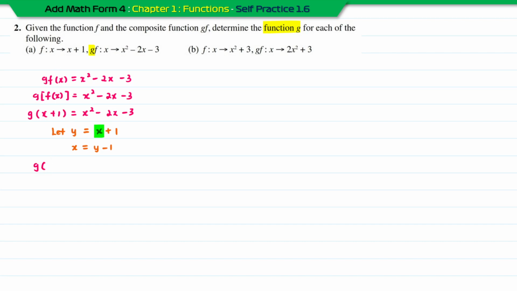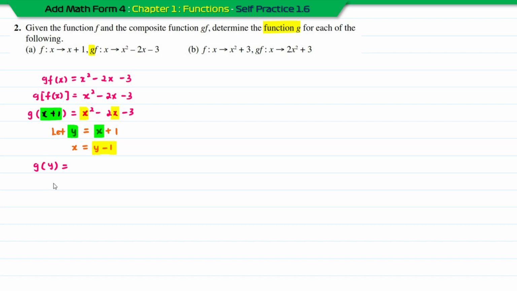Now the x plus 1 that we have here is the same as y, because we said that y is equal to x plus 1. So we replace this with y. And for the x that we have here, we replace it with y minus 1. So we insert the inverse function of f into the composite function.